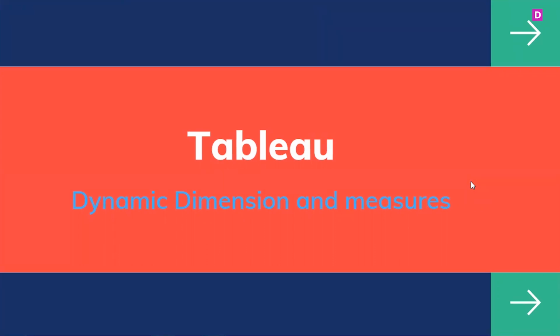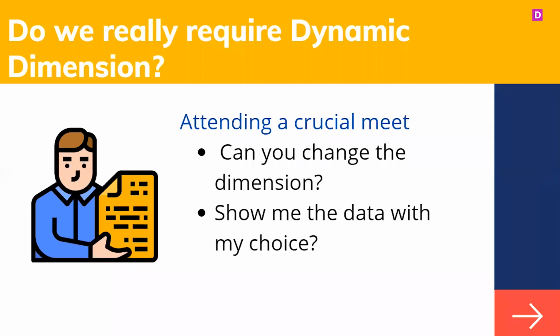and measures. Okay, so this dynamism with respect to your dimension and a measure is something which you will achieve through the parameters. All right, so let's try to understand the use case of what I mean by a dynamic dimension first of all.